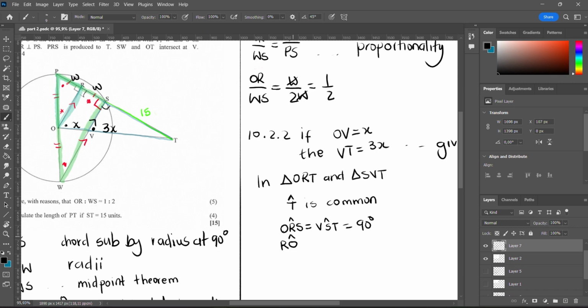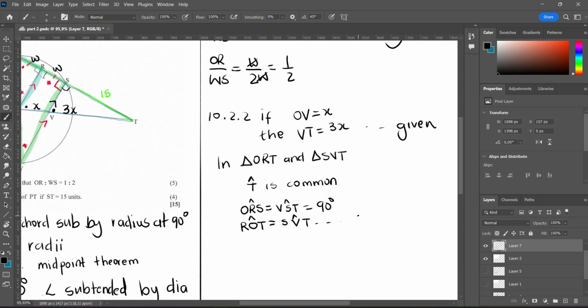So angle ROT, it's fine if we say V or T, so ROT equals angle SVT, and the reason for that is corresponding angles.